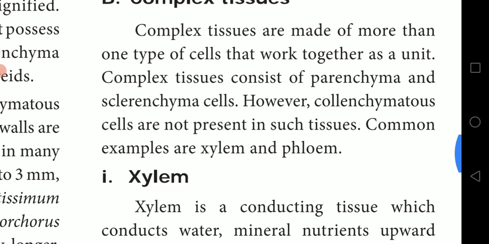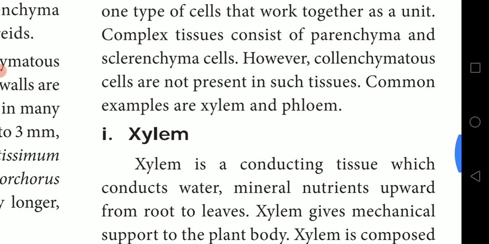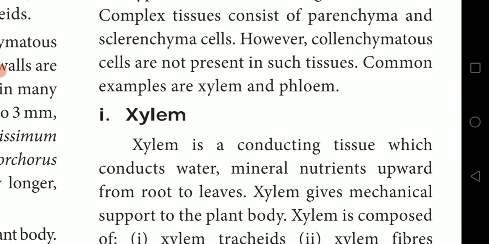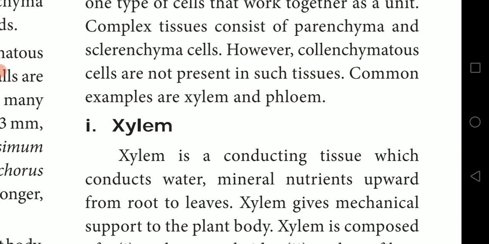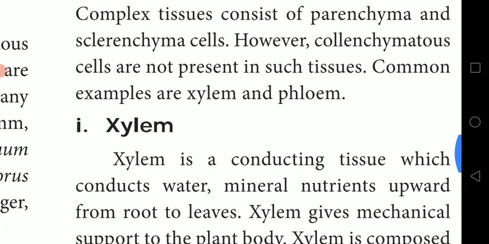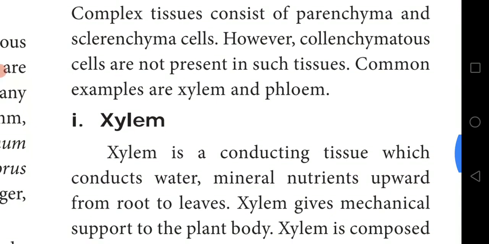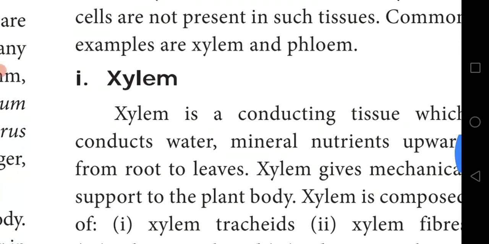The complex tissues consist of parenchyma as well as sclerenchyma cells, so just underline these two words. However, collenchymatous cells are not present in such tissues. Common examples are xylem and phloem.